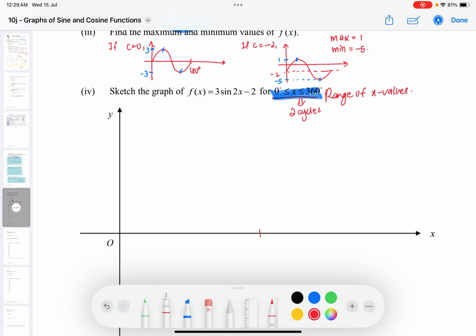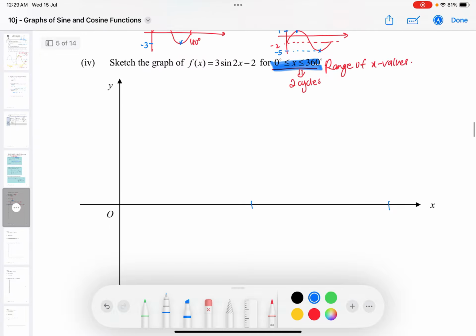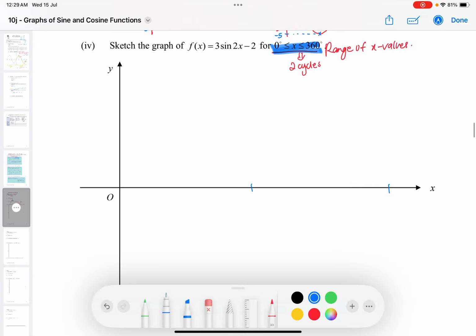You want to use a pencil to sketch your graph as much as possible. This will be 180, and this will be 360. I'll be drawing 2 cycles over here.